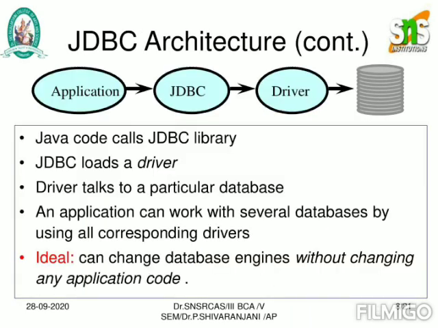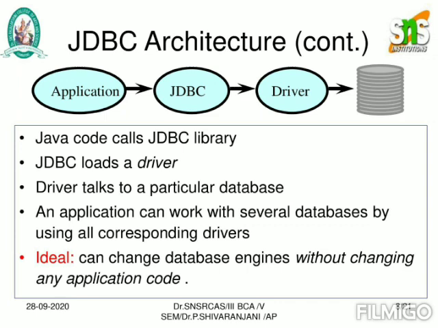In the application, Java code calls the JDBC library. Then JDBC loads a driver. The driver talks to the particular database. An application can work with several databases by using all the corresponding drivers.